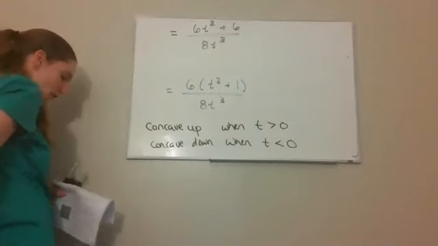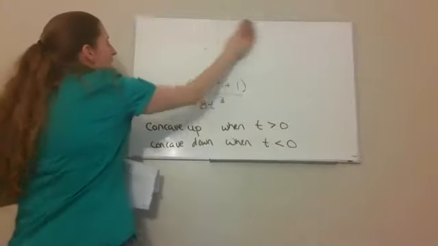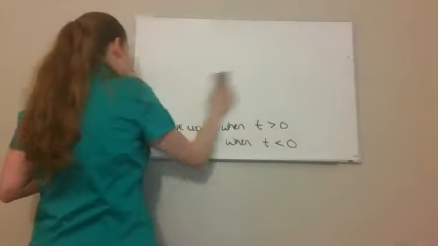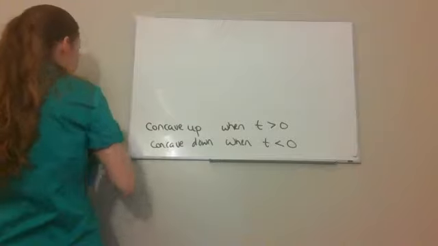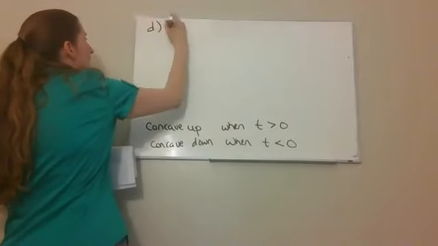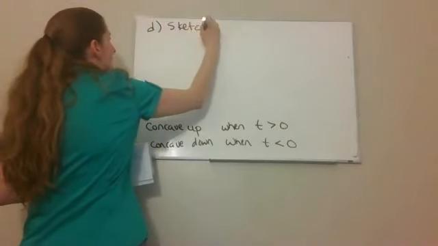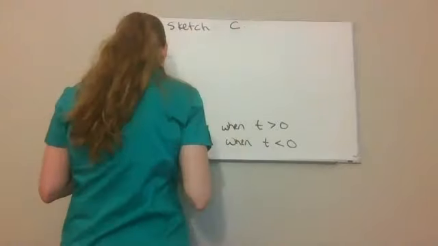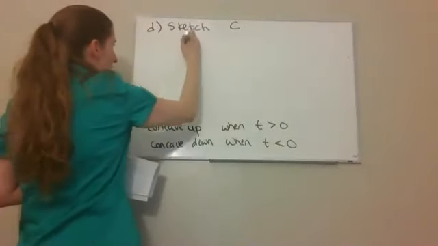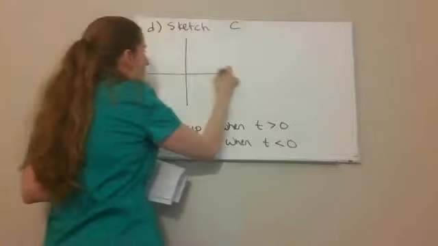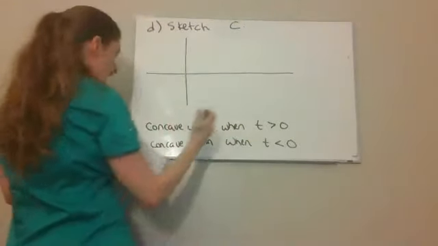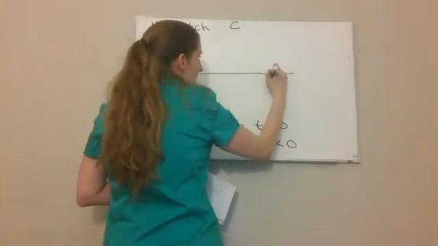All right, so now let's try to put together all of the pieces that we've done and draw a sketch of what this curve looks like. So part D, we're going to sketch the curve C. So things I need to remember. Let me put my points on this curve. I have a point at (3, 0).